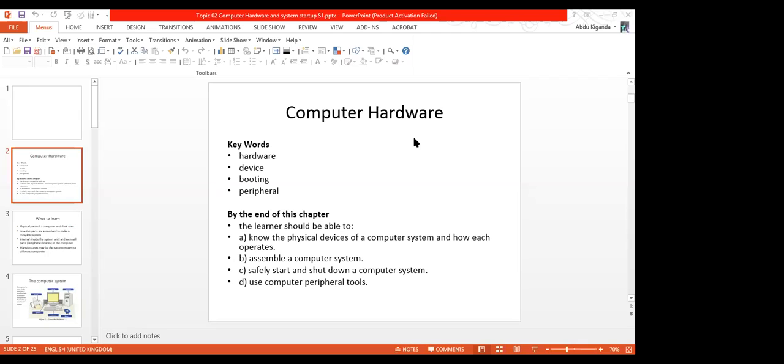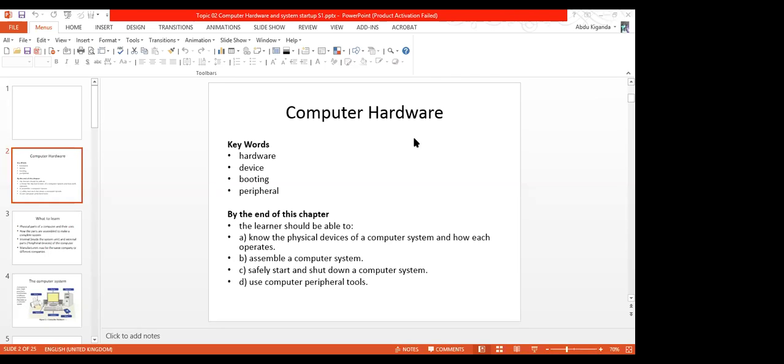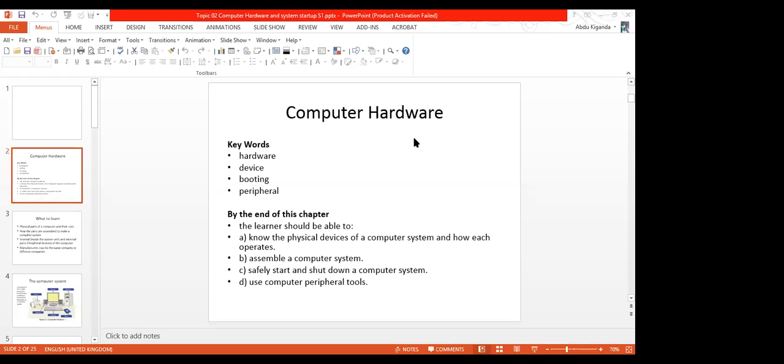Yes. Okay. Then I wrote a touchpad. A touchpad is used to control the pointers on the screen. All right. Then the remote control. The remote control is used to control the other devices like TV, PCs, and home entertainment systems.